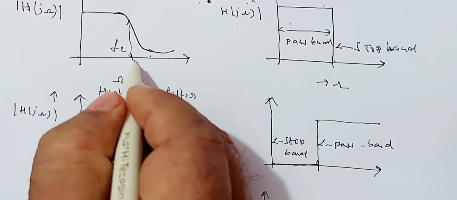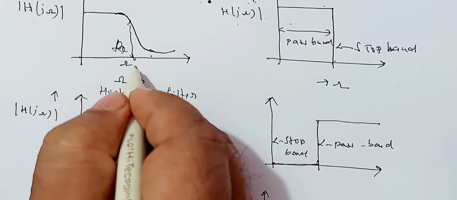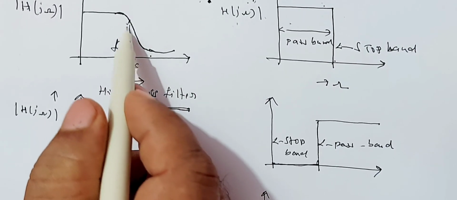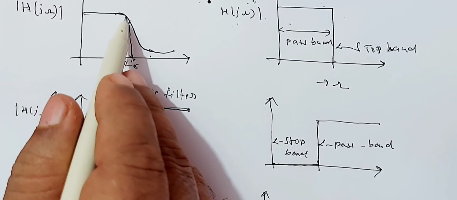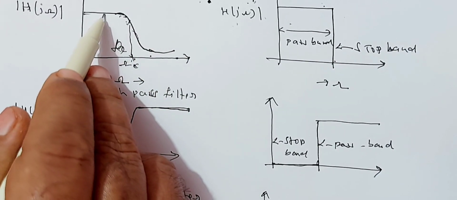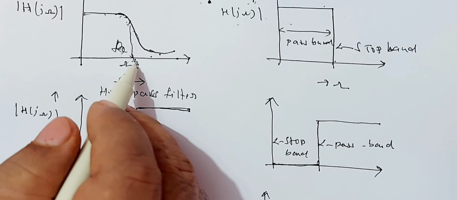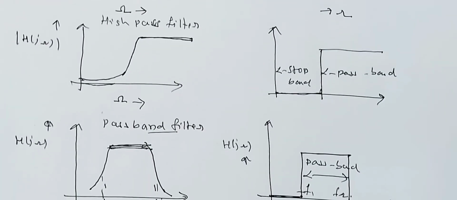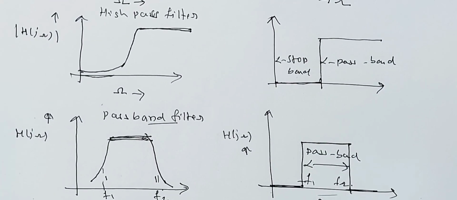I will call this omega C, because at omega C the output voltage changes from maximum to minimum. That frequency is called the cutoff frequency. So once again, I will define the cutoff frequency of a filter as that frequency at which the specified value of the filter changes from one state to another state, that is, from pass band to stop band.